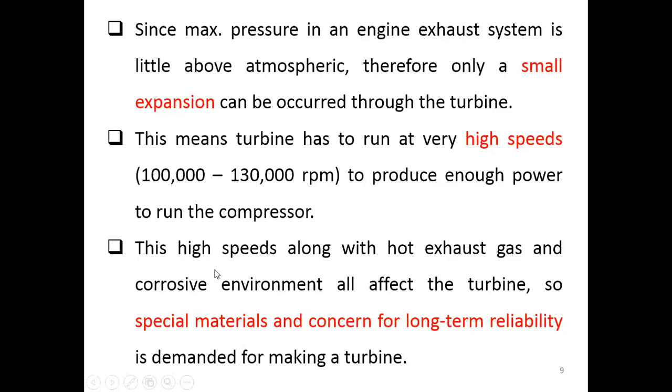So this high speed happens along with the hot exhaust gas and also a corrosive environment, because the exhaust gas is not a clean gas. It's the product of combustion, so it can create a corrosive environment in the turbine. All of this, the high speed, the hot exhaust gas, and the corrosive environment, can affect the turbine.